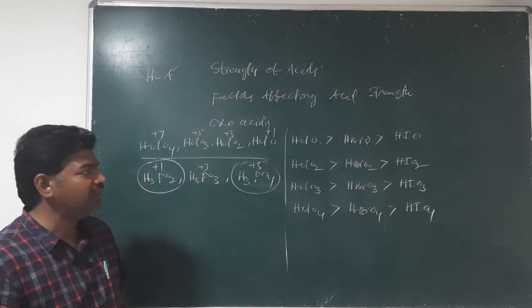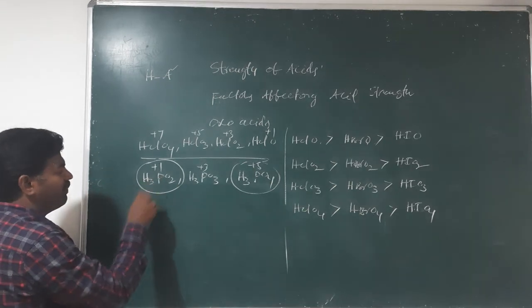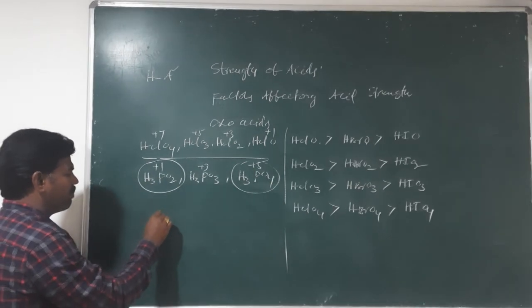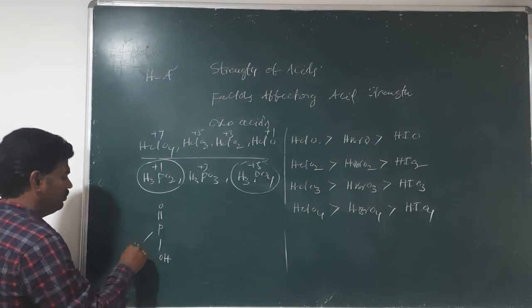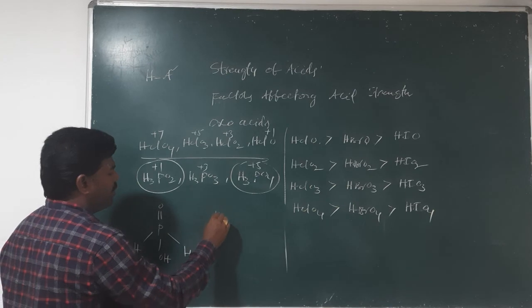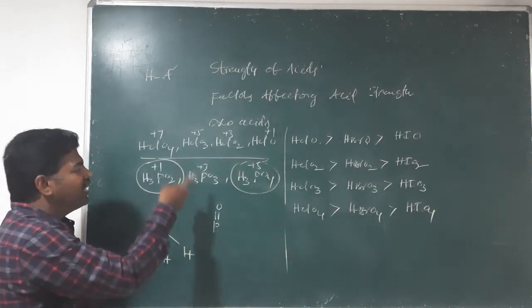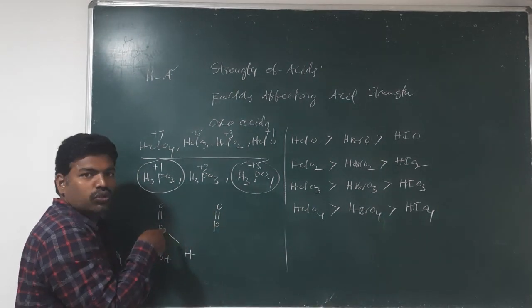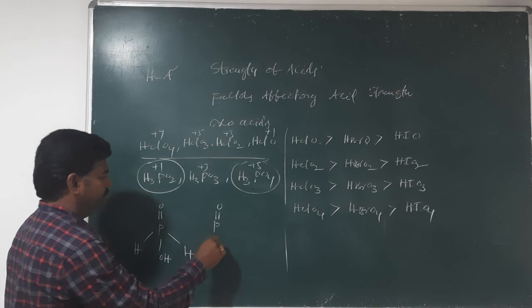How is it possible? If we write this structure, P double bond O and OH, we can understand the reason behind this by going through the structures of oxy acids of phosphorus.